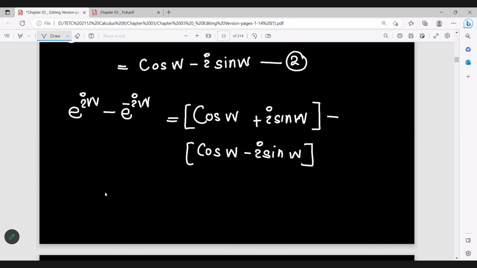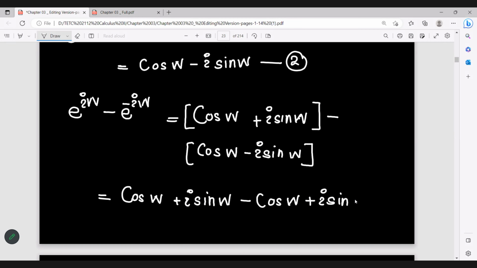So we can write this as cos w plus i sine w minus cos w, minus and minus become plus i sine w.